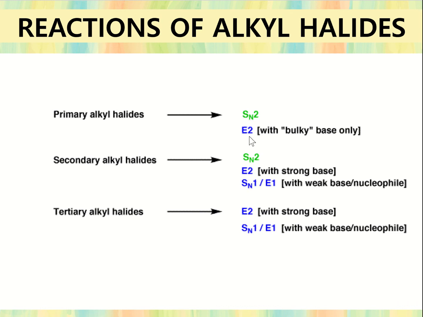For our secondary alkyl halides, we also have SN2 as well as E2 with a strong base, and SN1 is also possible, and E1 if we have a weak base or weak nucleophile. And for tertiary alkyl halides, E2 can happen with a strong base. However, we see SN1 and E1 happening with a weak base or nucleophile.